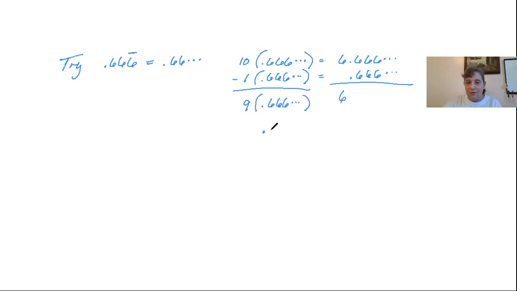So when I divide both sides by 9, I get 0.6666 forever is equal to 6 over 9, which is equal to 2/3.